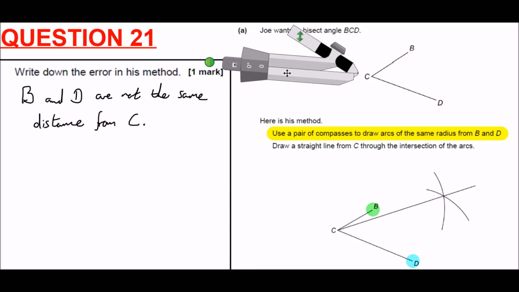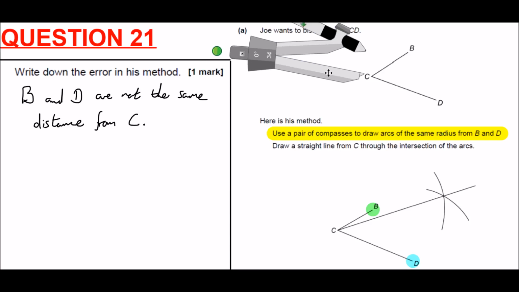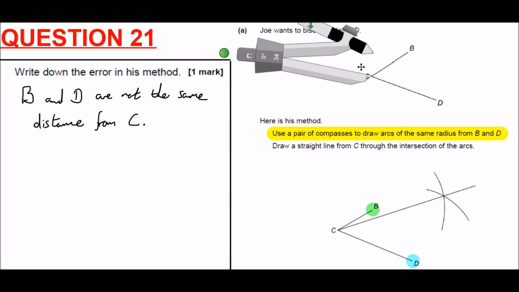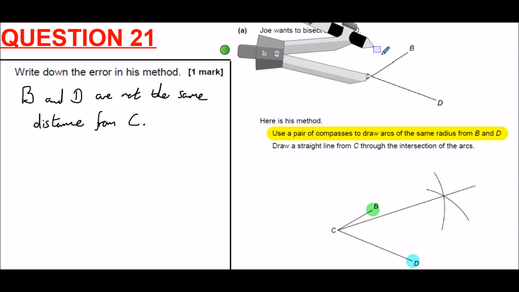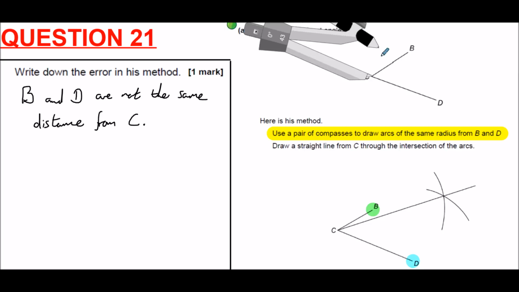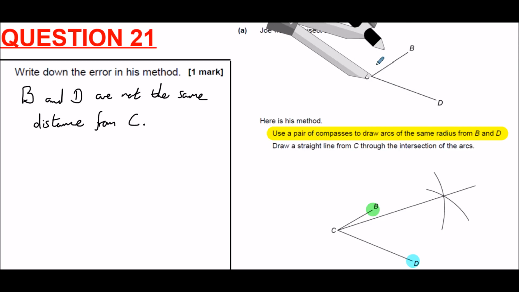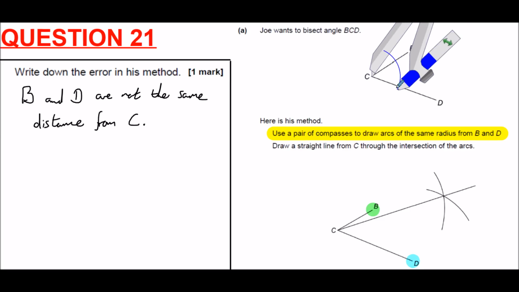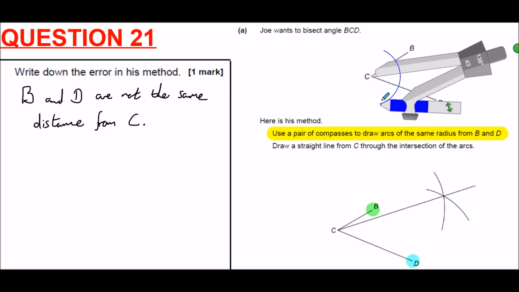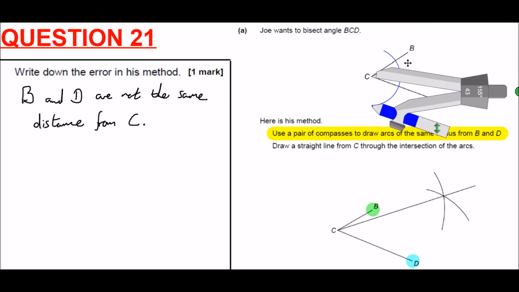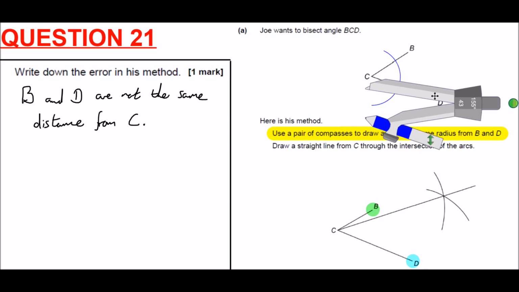Right, so what he needed to do is put his compass needle at C. Then he needed to do an arc from C which cuts CB and CD.